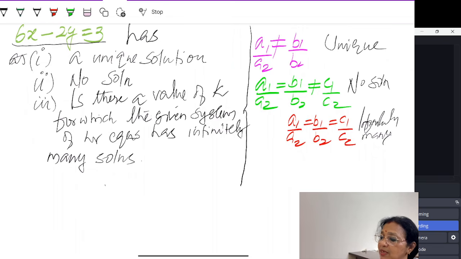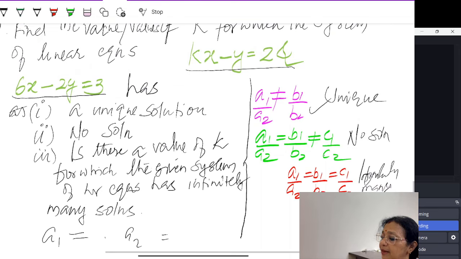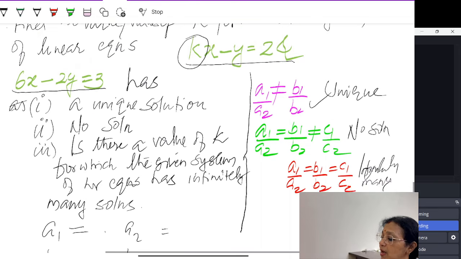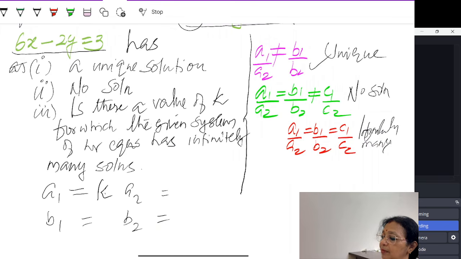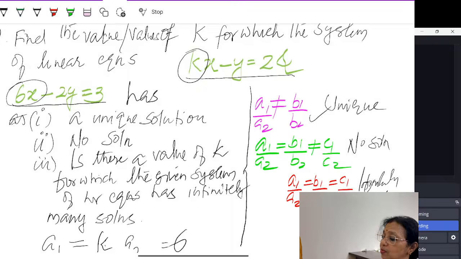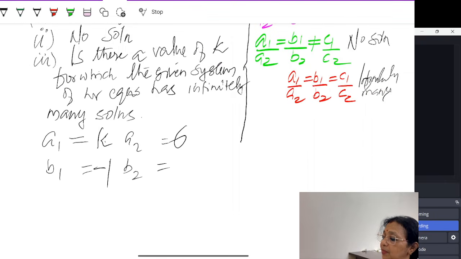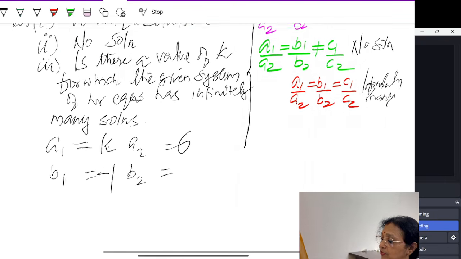For a unique solution, we must have a1 by a2 not equal to b1 by b2. So let us find a1 and a2, b1 and b2. a1 is k, a2 is 6, b1 is minus 1, b2 is minus 2.